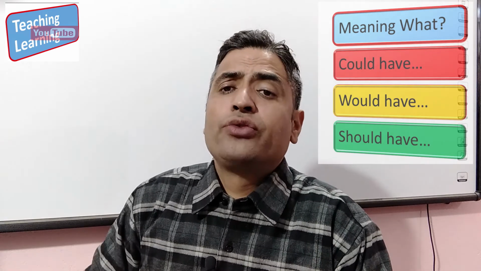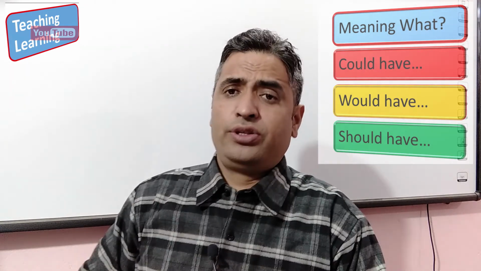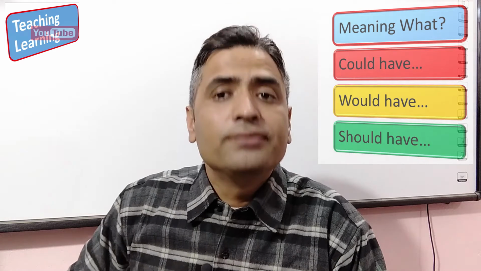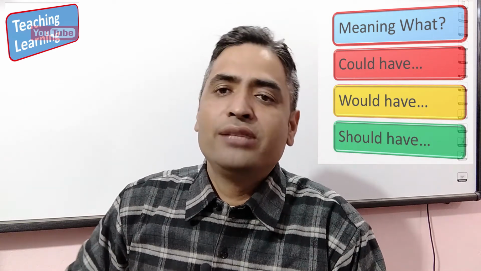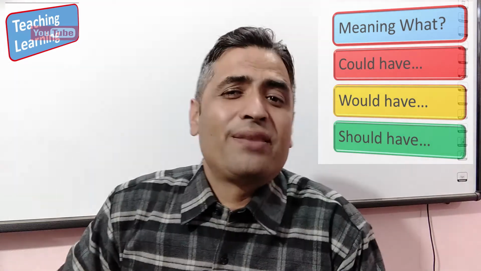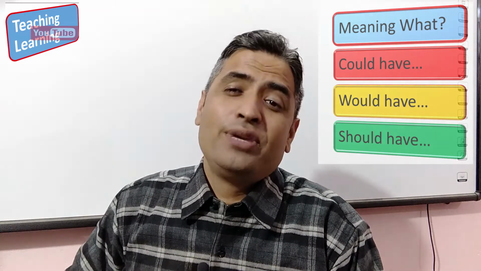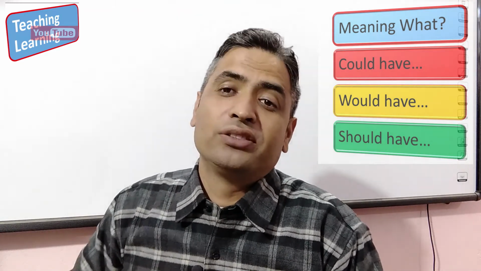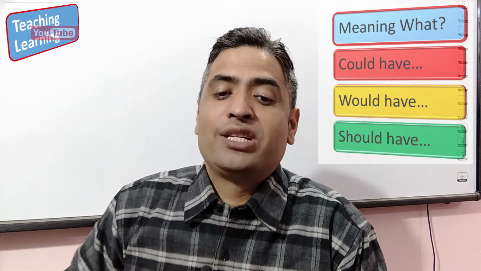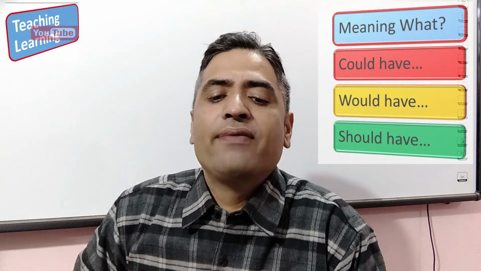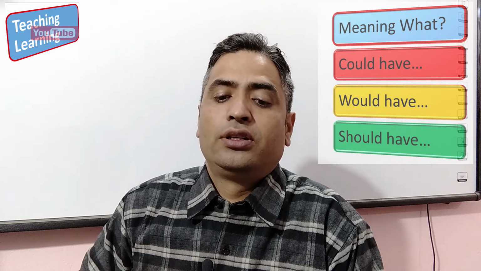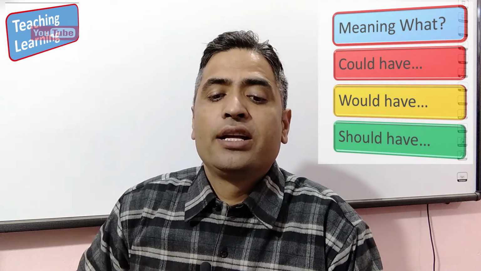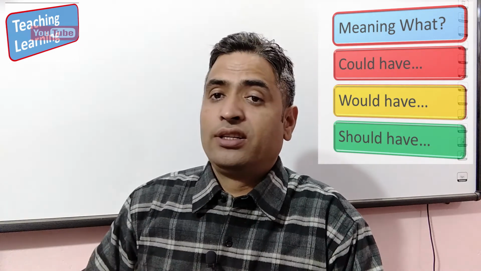So the third one is should have. It is mainly used when you didn't do something, but now you have some sort of regret, or you really had to do it. For example, I should have listened to my mother. It means you are sorry about a past decision.